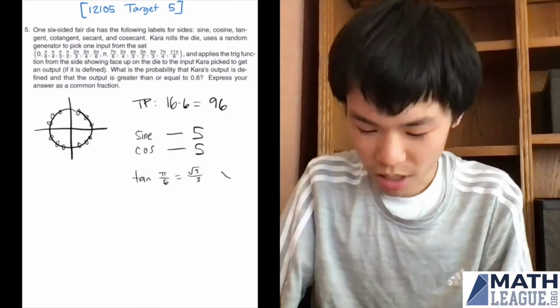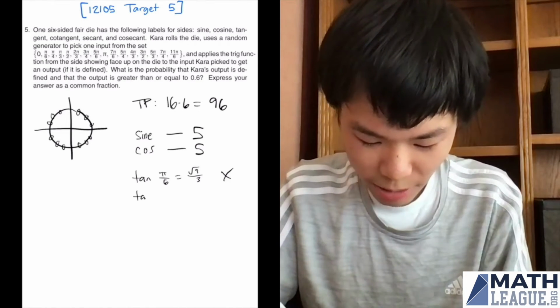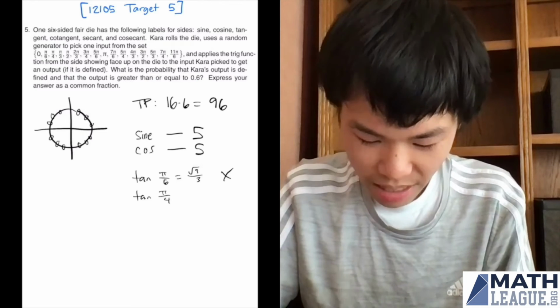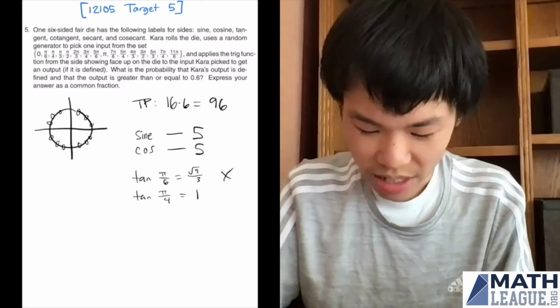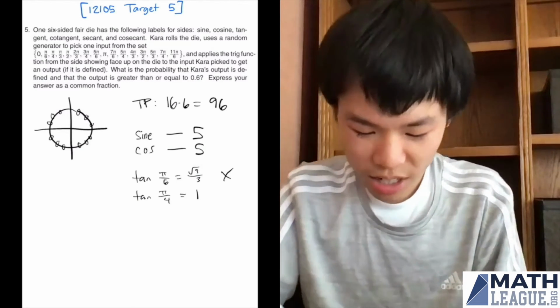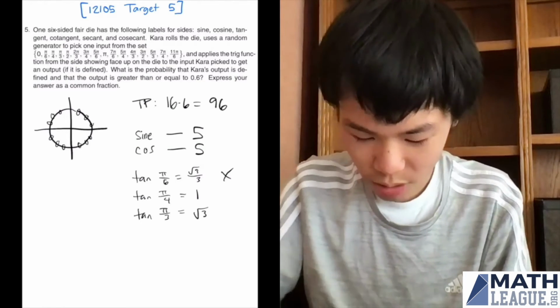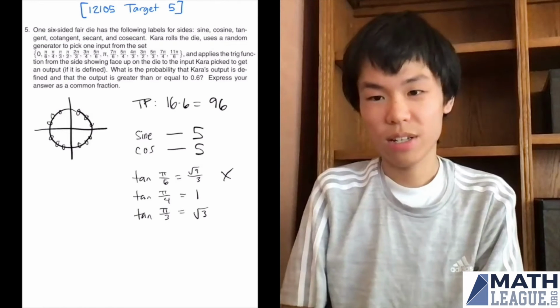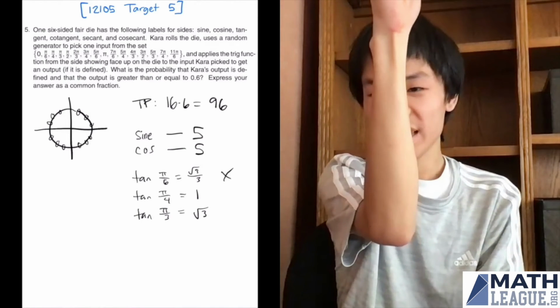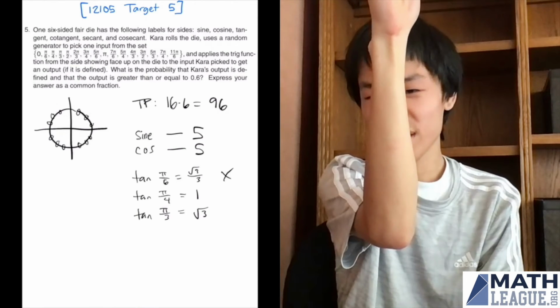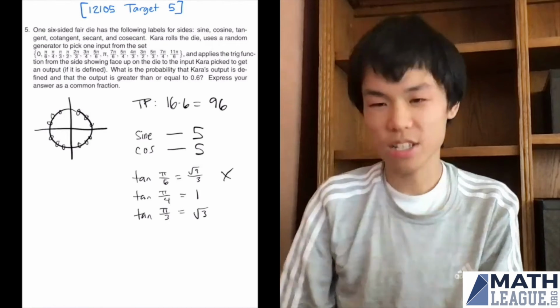So that does not work. Tangent pi over 4 is going to be 1. That works. And tangent pi over 3 is going to be square root of 3. That definitely works. But tangent pi over 2, it's a vertical line with an undefined slope. So that does not work.